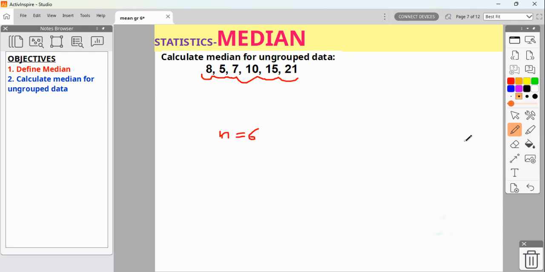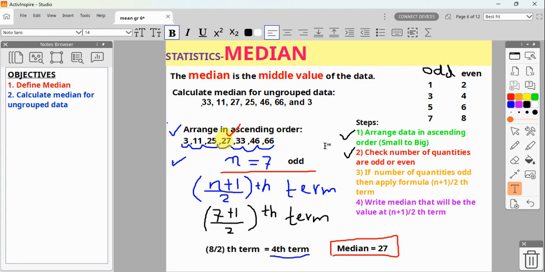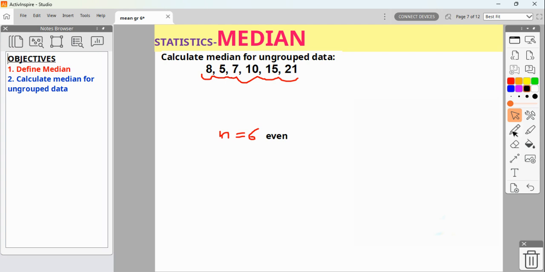And we know 6 is an even number. So sometimes we can have an odd number of quantities, like we have done in this example, and sometimes we may have an even number of quantities, because 6 is an even number. So how to calculate the median when we have data in an even number of quantities?